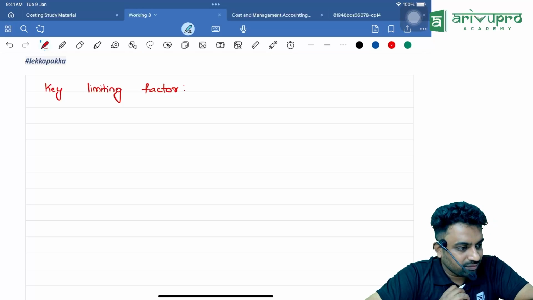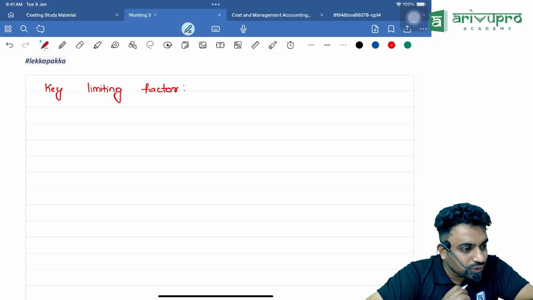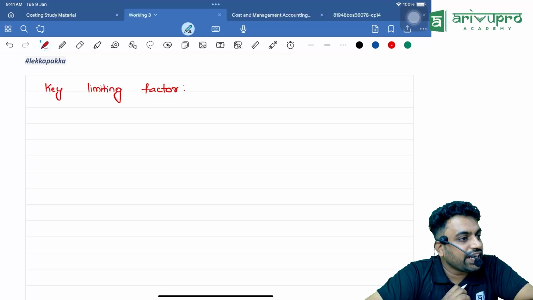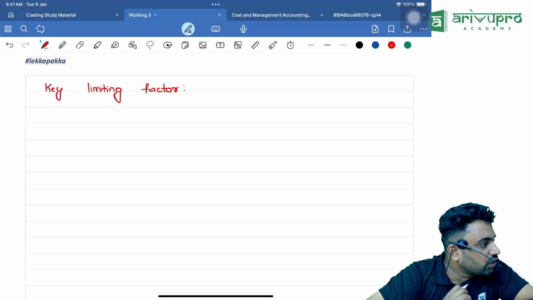Resource is limited. Now, when the resource is limited, what you should do as a business, using the available resource, is make sure you make the maximum profit out of the resource available.